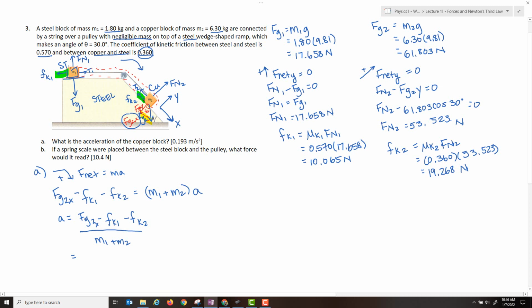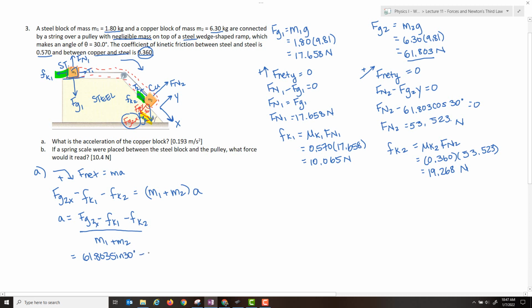So when I'm looking for my FG2x, it's opposite of the 30 degrees, so it would be FG sine 30. So FG sine 30, my FG is 61.803 because I'm talking about FG2 here. So I have 61.803 sine 30 degrees minus FK1, which we found already.